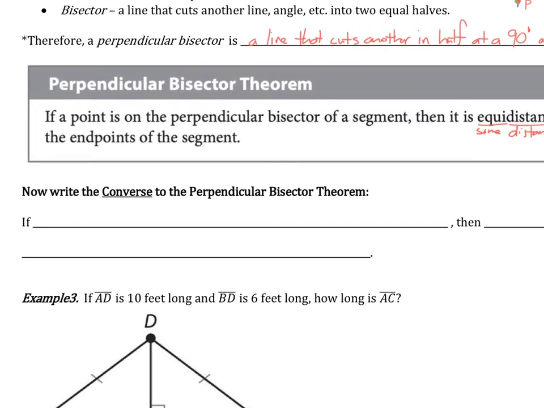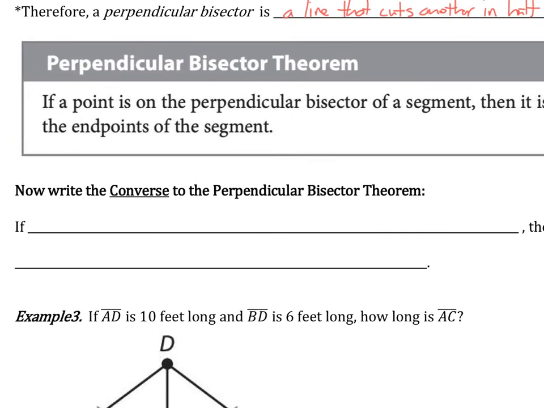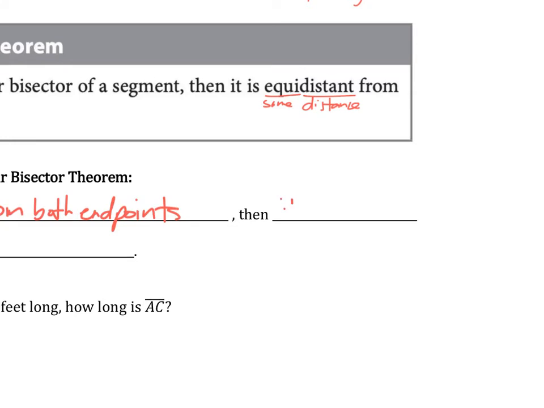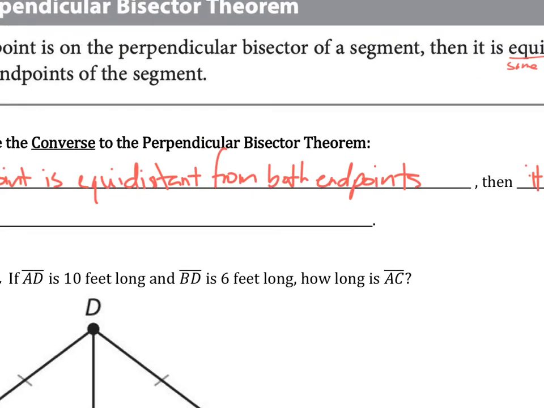And so the converse of that would be: if a point is equidistant from both endpoints, then it lies on the perpendicular bisector.